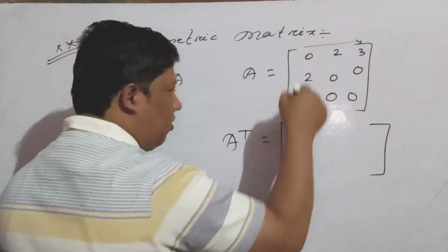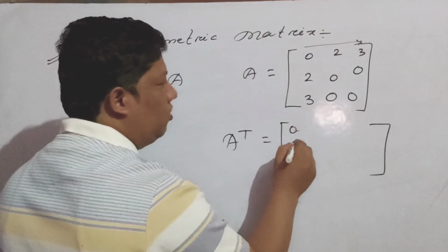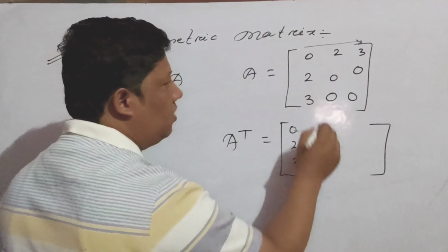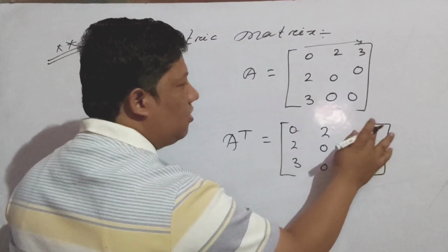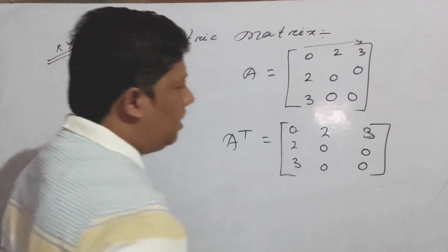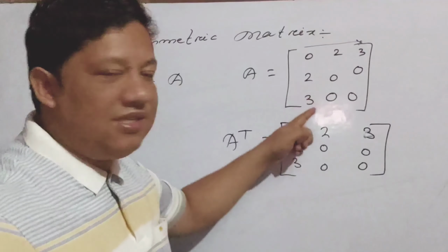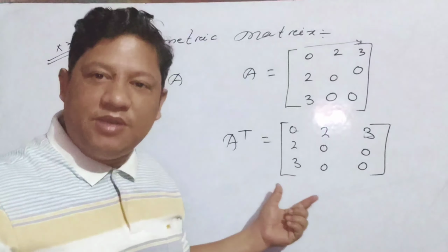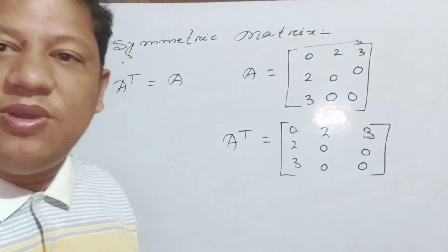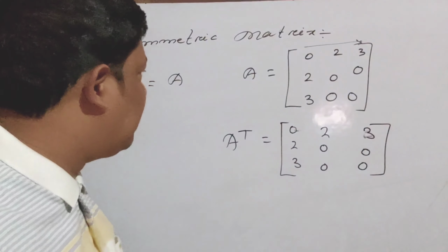This row comes as a column, so you write 0, 2, 3, again this row 2, 0, 0, again this row 3, 0, 0. Look here, this is the same as that. If I transpose this matrix I get the same as A, and that is why it is called a symmetric matrix.